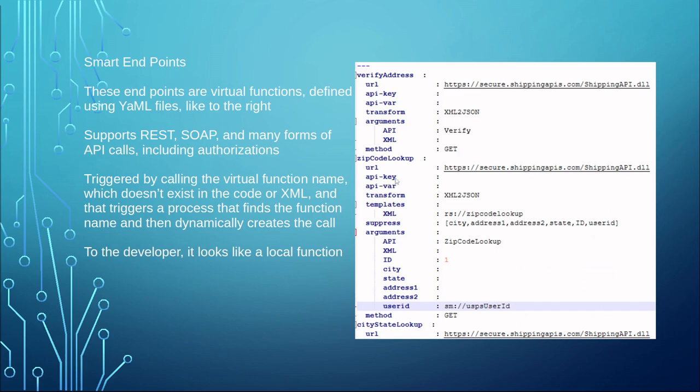There are no API keys here. There is a template, and the fields of that template are listed down here. This is a resource, so it knows that there's a zip code lookup, a file called zip code lookup.